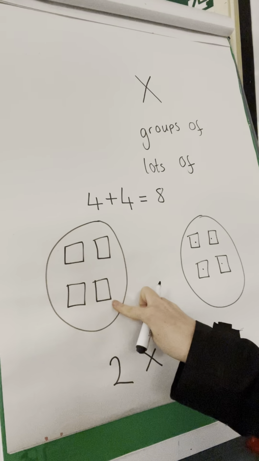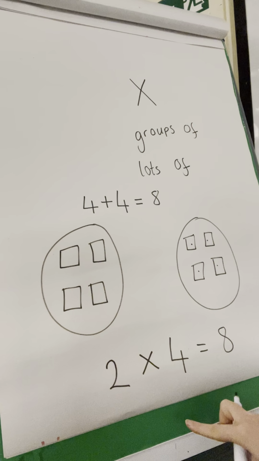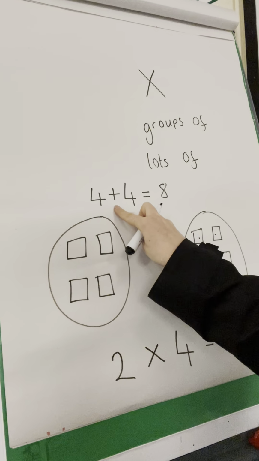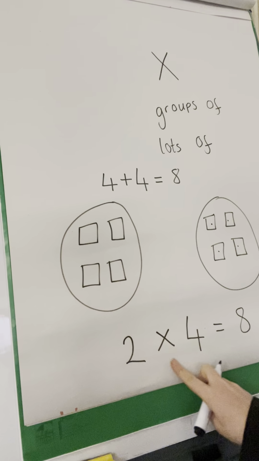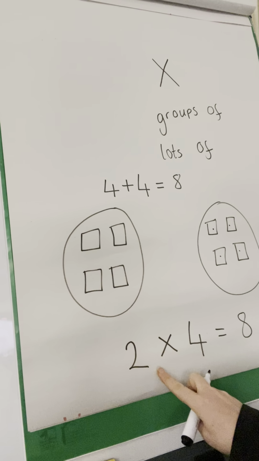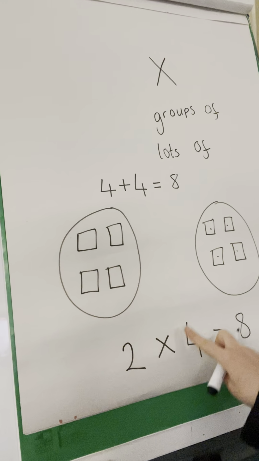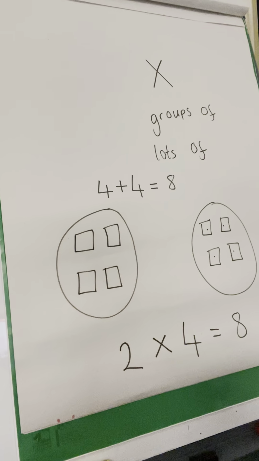Because I've got 4 and I'm adding 4. So that's the addition sentence, and that's the multiplication sentence. That's times in it. So we've got 2 groups of 4 there. I hope that helps a little bit.